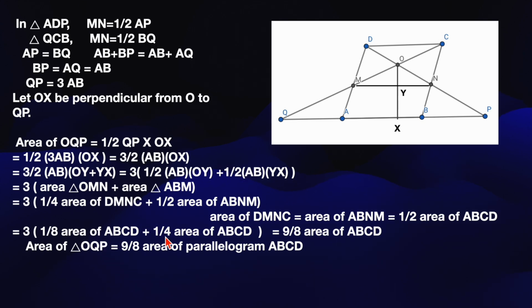You add these two, the LCM is 8 and 1 plus 3, that is 3, and 3/8. 3 into 3 is 9, 9/8, and 9/8 the area of ABCD. Hence proved area of the triangle OQP is equal to 9/8 the area of the parallelogram ABCD.